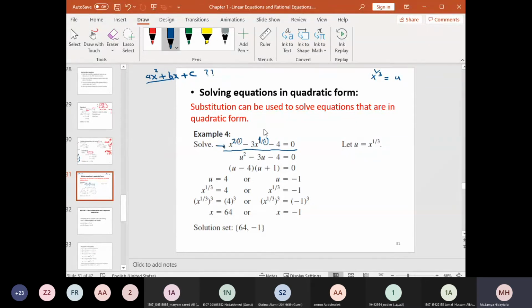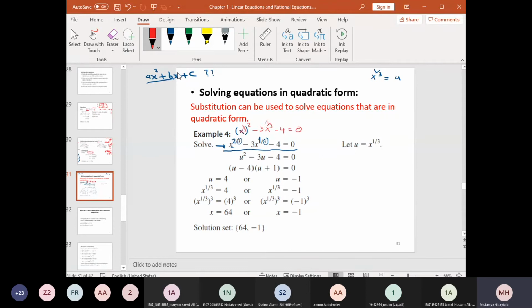So this equation, you can write it as x to the power 1 over 3 and then square, correct? Minus 3 x to the power 1 over 3 and then minus 4 is equal to 0.